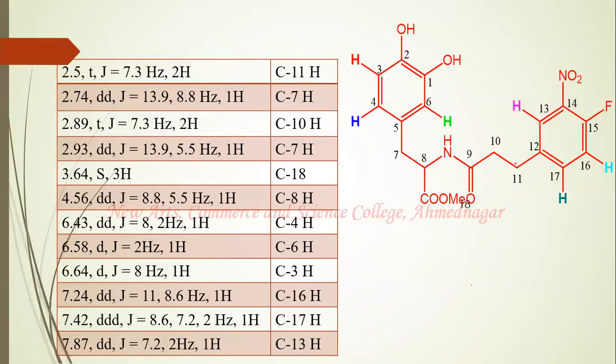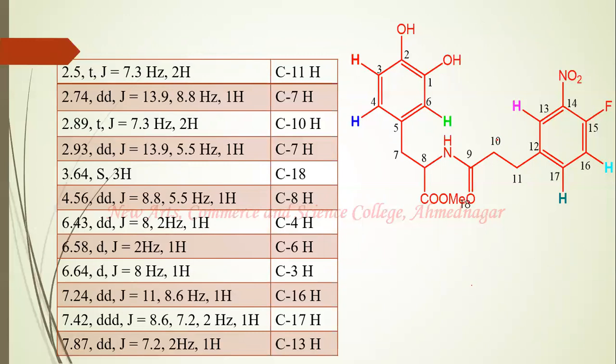So 2.5 triplet will be because of the C11 protons. C11 protons couple with C10 protons and give the triplet. Coupling constant value is 7.3 Hertz. That is because of the vicinal coupling between the singly bonded carbon atom protons.